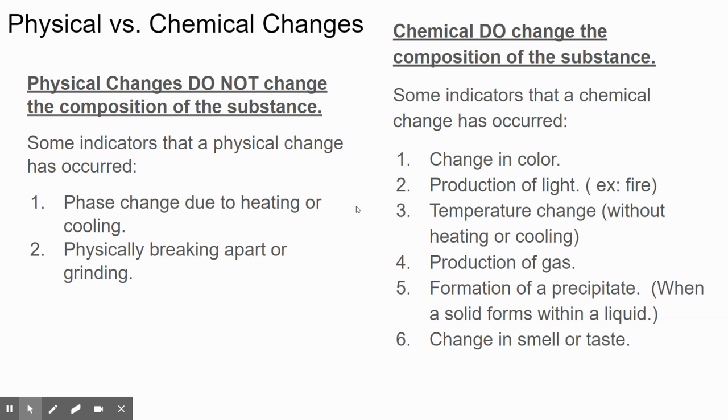One of the things is if the light is produced and you can't reverse whatever happened to it. So if you heat metal and it gets red hot and then it cools down, it goes back to its normal state. That's not a chemical change. But if you heat something, get it really, really hot and it starts glowing and then it doesn't go back to its normal state, then you've done a chemical change.